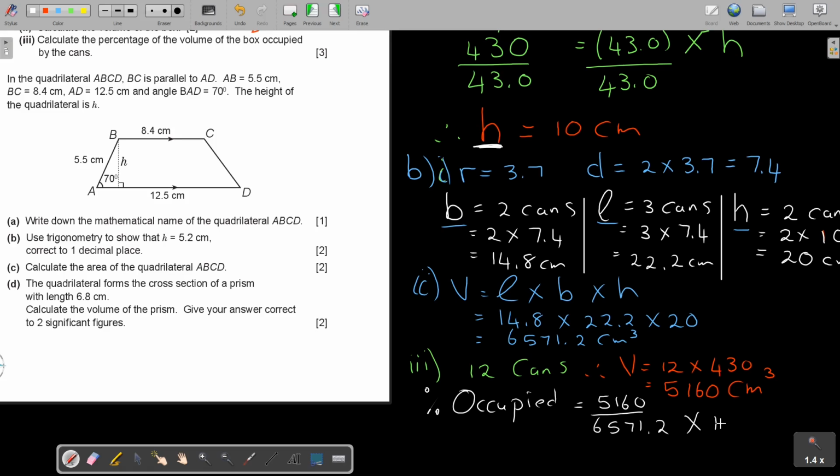And to make it a percentage, I just times with 100. And I'm going to get 78.5%. So the rest of that, up to 100, is the open spaces between the cans.